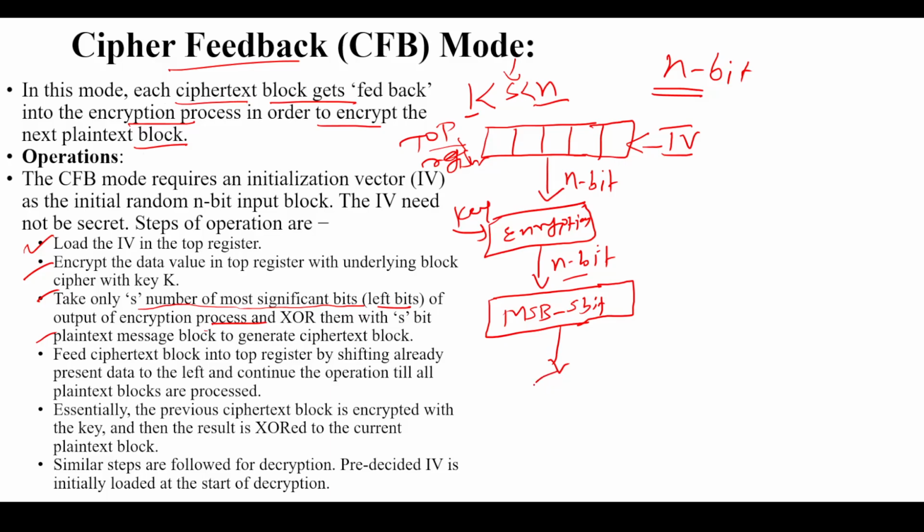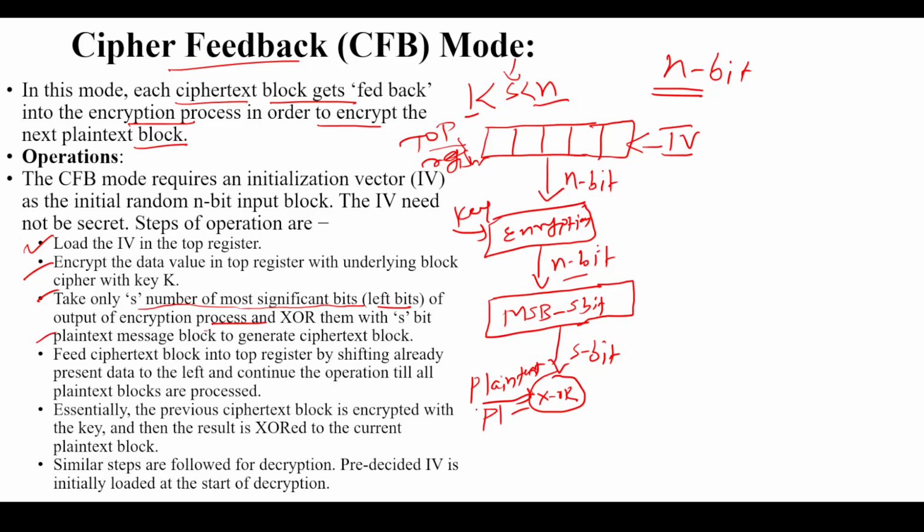Now in the fourth step we are applying the XOR function on the s bits. So we have selected the most significant s bits, the left s bits, right? Those s bits will be XORed with the first plaintext. Because we don't know the size of the plaintext, as per the size we can have the first plaintext in the fourth step.